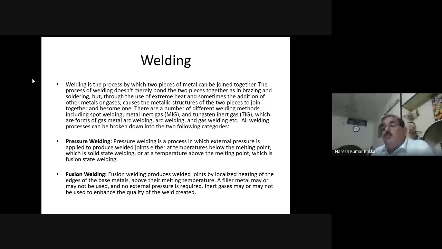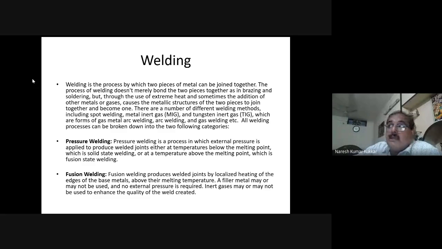Now, two metal pieces we have to join, and then heat is provided. Sometimes metal is added, sometimes metal is not added. Like in normal welding we see on the roadside, where they join two metals, a rod is added, and by the heat the two metals are joined by adding a third metal also.